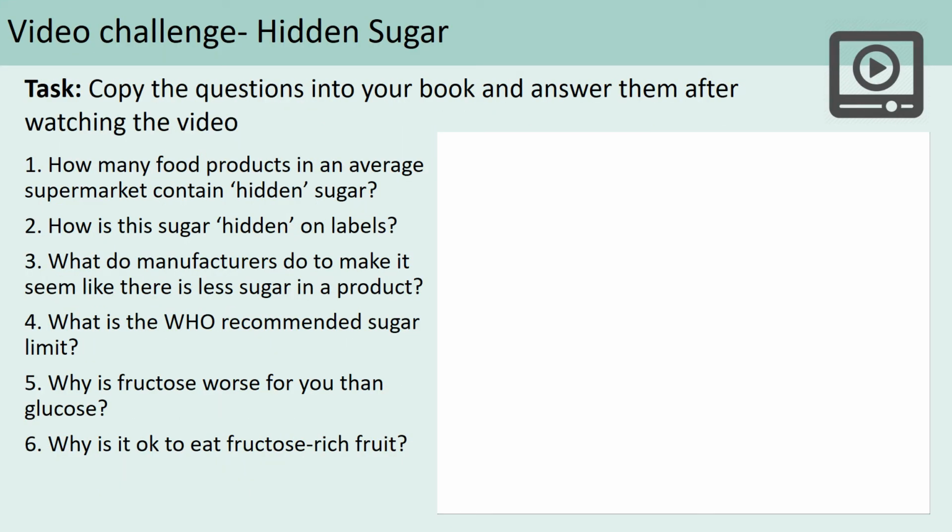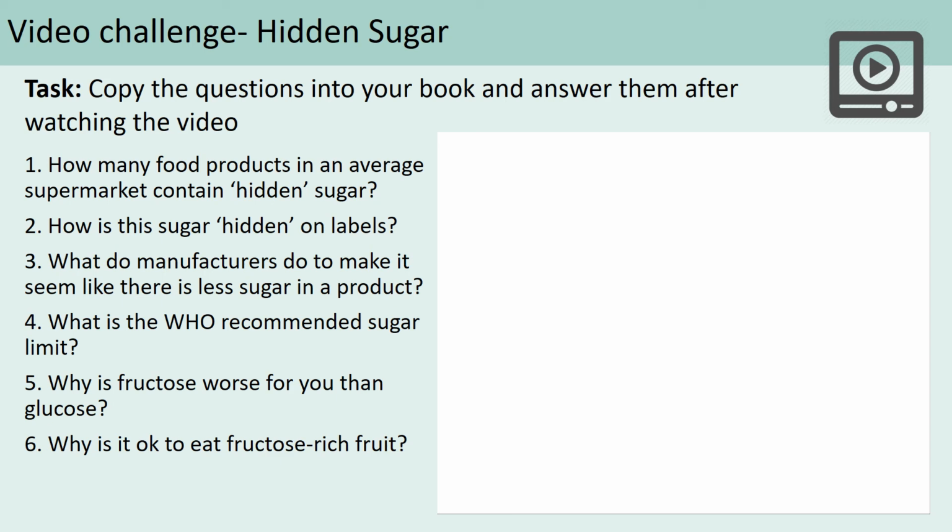Okay, so the next bit is very interesting. The amount of sugar that you eat will obviously increase your risk of being overweight and obese, and also increase your risk of type 2 diabetes. But manufacturers are very, very clever at hiding the sugar that goes into products.